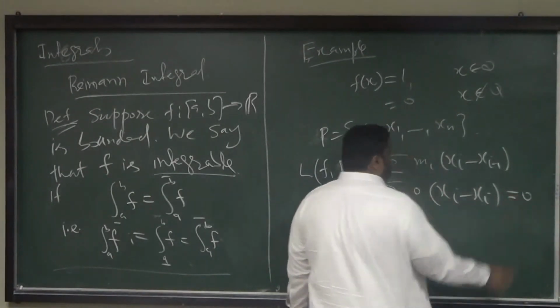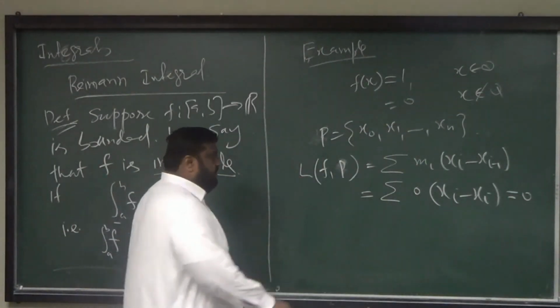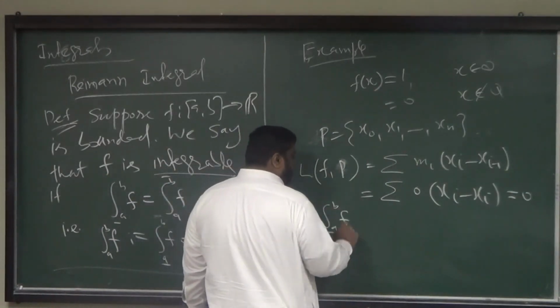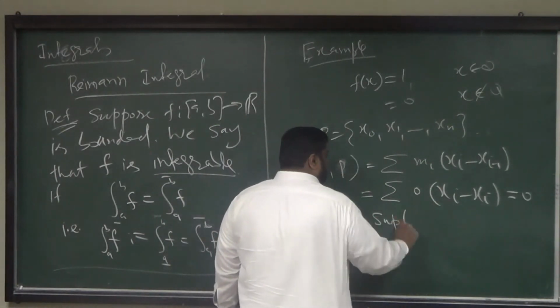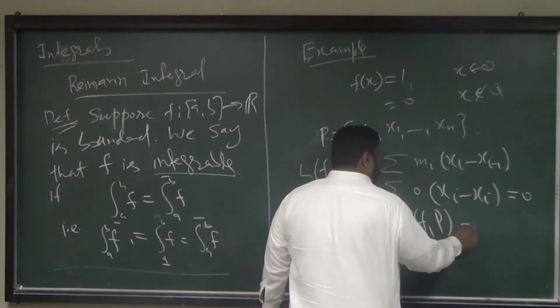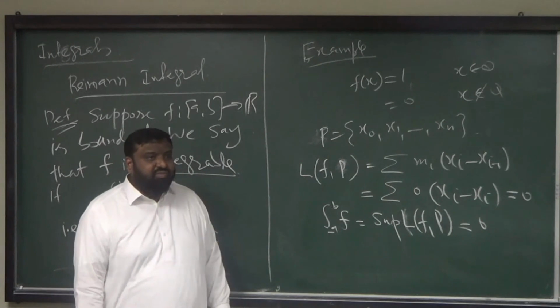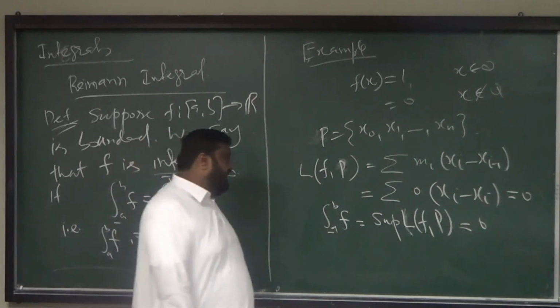So the lower sum is 0 for any partition. How about the lower integral, which is the supremum of the lower sums? That is 0 as well. If you take any partition, you get 0, so the supremum must be 0.